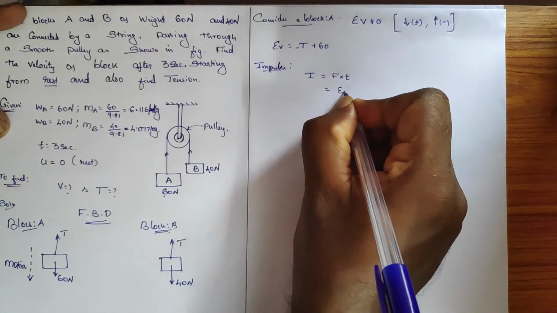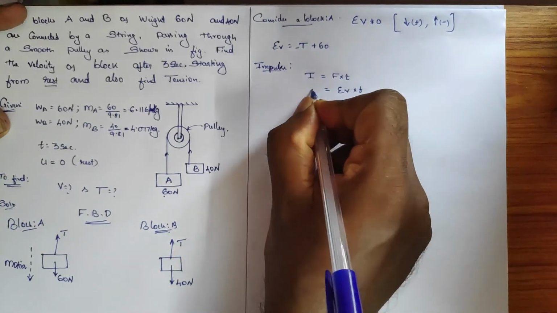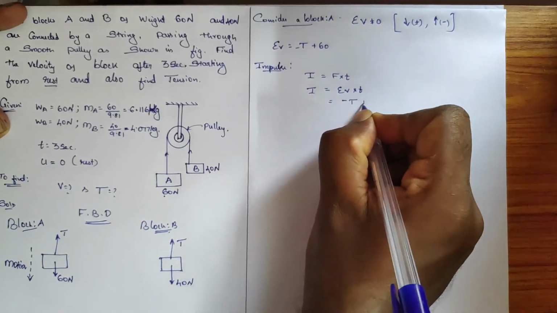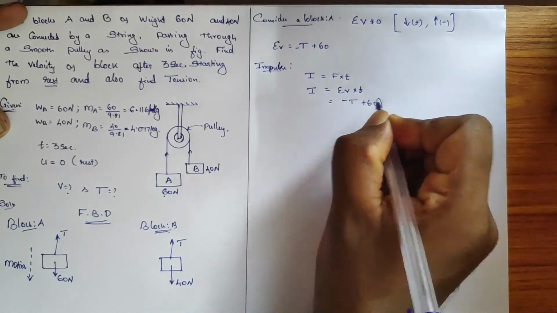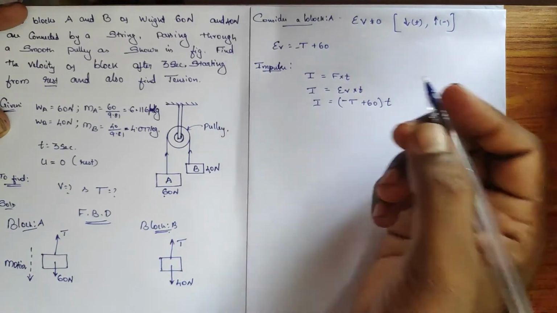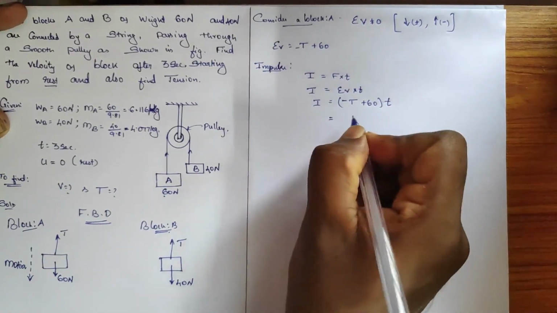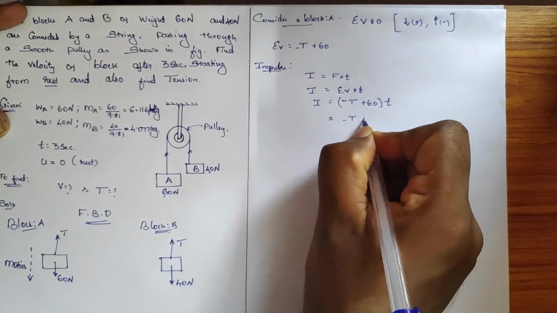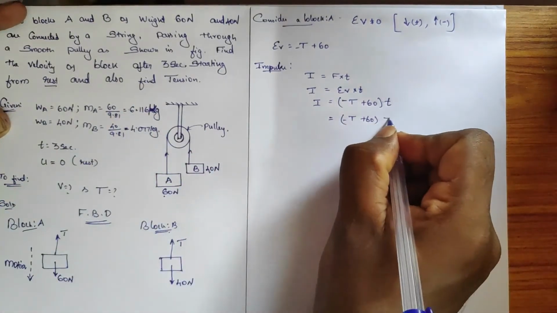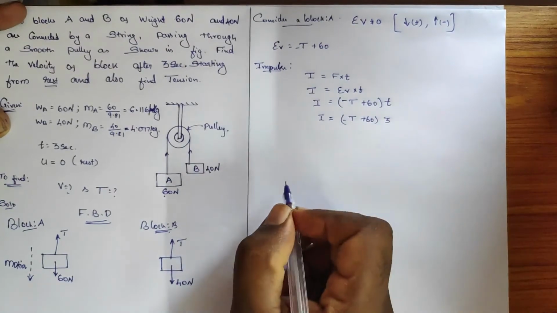So here summation of V into T, so it will be minus T plus 60 into T. So this is the impulse. Here the T value is 3 seconds. I'm just going to take something like this.